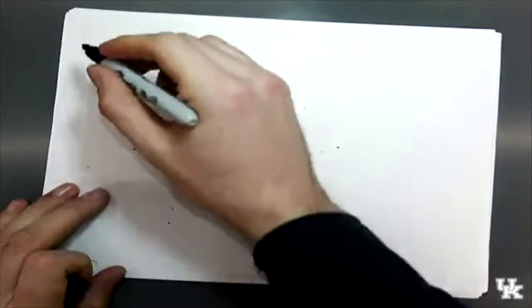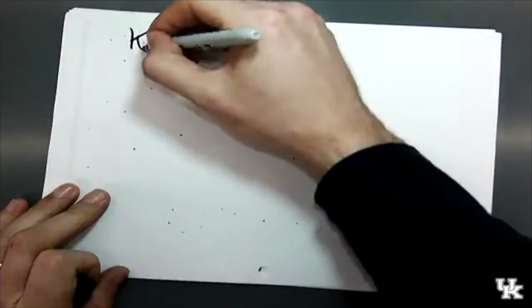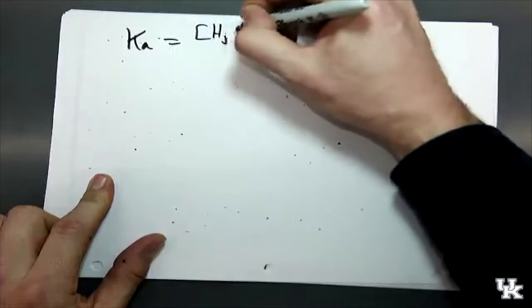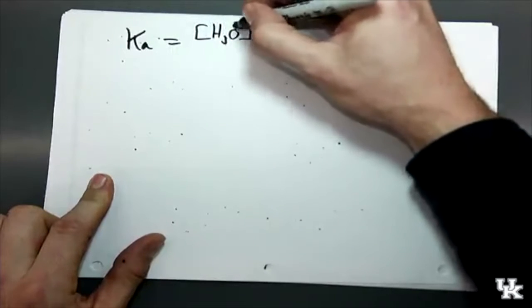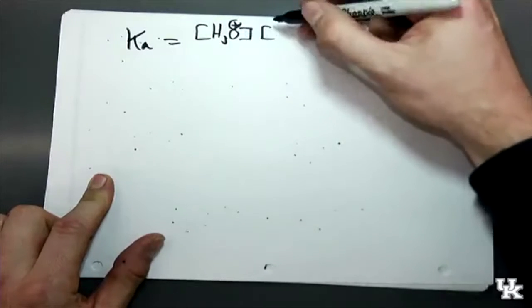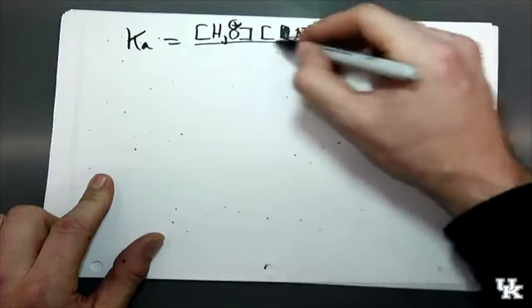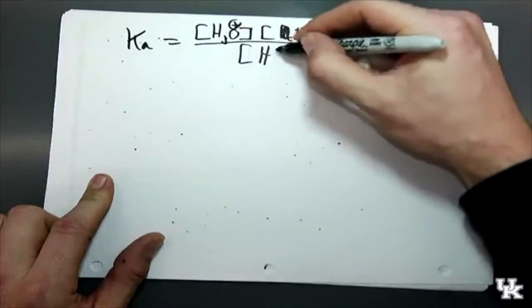So let's think about first, go back all the way to Gen Chem to Ka. Remember, that's the equilibrium constant for acid-base reactions. All right, and let's take any acid-base reaction. So we have H3O plus and A minus over HA.